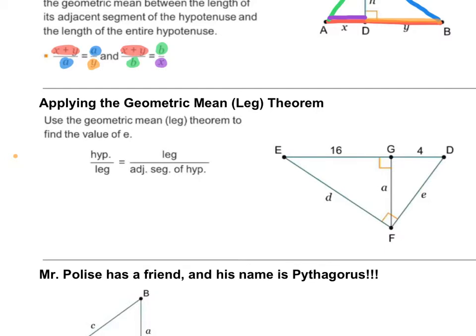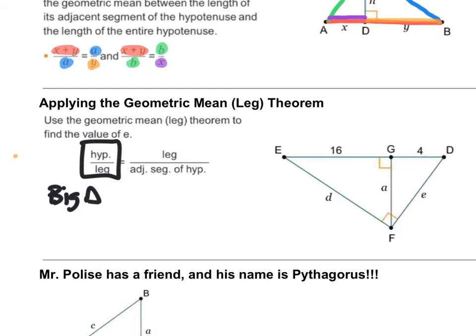So what I want to do is, this is relating to the big triangle: the hypotenuse of my big triangle divided by the leg that I'm looking for. And then I want to take that same leg, which is the hypotenuse of the small triangle, and divide it by the adjacent segment of the hypotenuse, which we'll do 4.